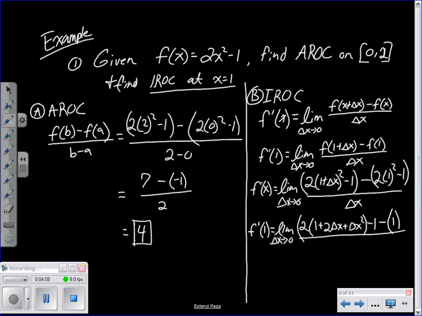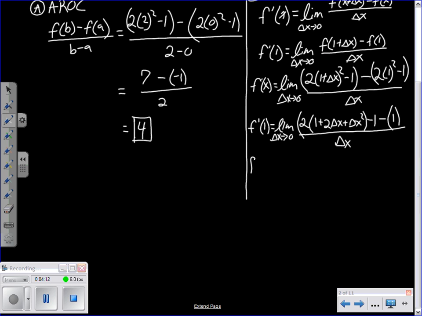And all of that's divided by delta x. So I can rewrite this as f prime of 1 equals the limit as delta x goes to 0 of 2 plus 4 delta x plus 2 delta x squared minus 1, divided by delta x. Now that everything's expanded and distributed, I can begin simplifying.